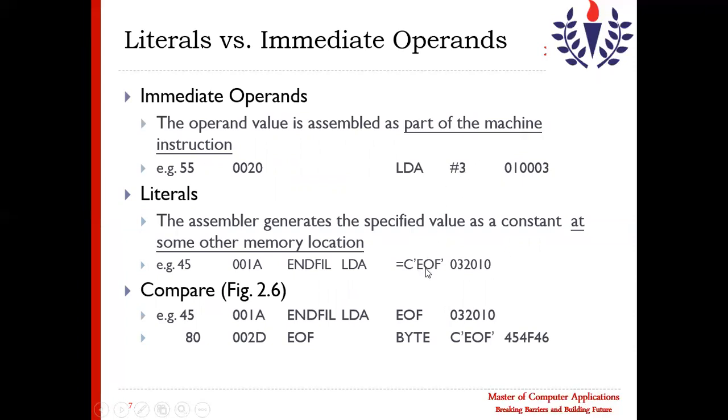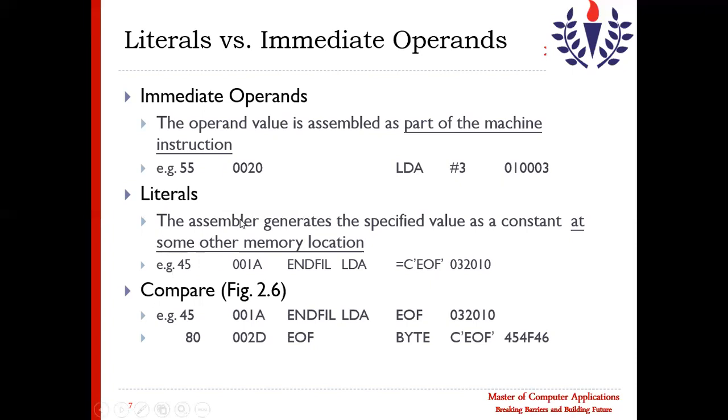In the case of a literal, if our constant operand is defined only as a literal, then the assembler generates the specified value as a constant in some other memory location. As we said, the object code is actually a displacement value that tells where our value is stored.